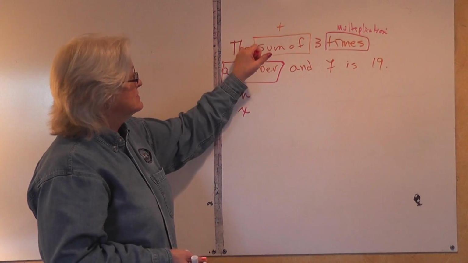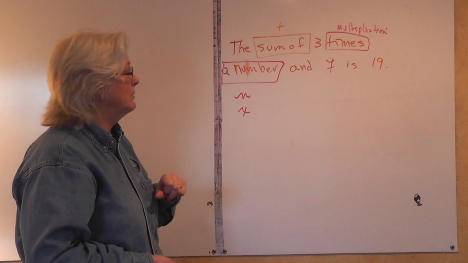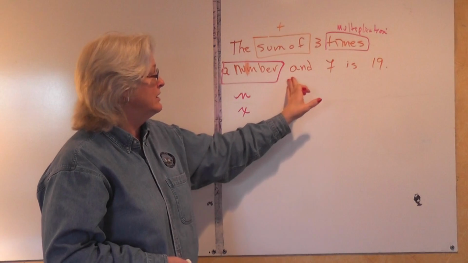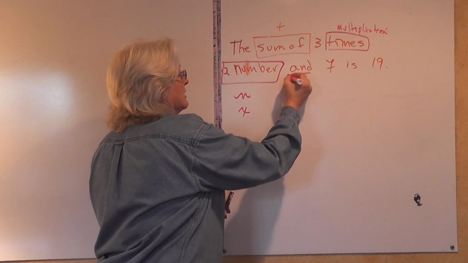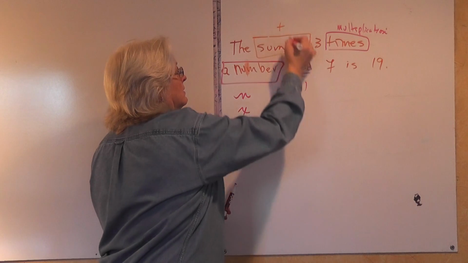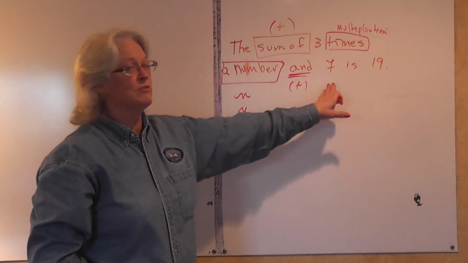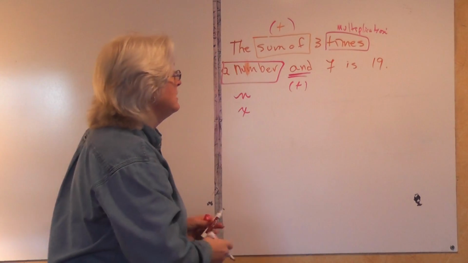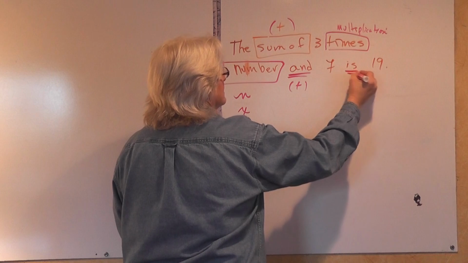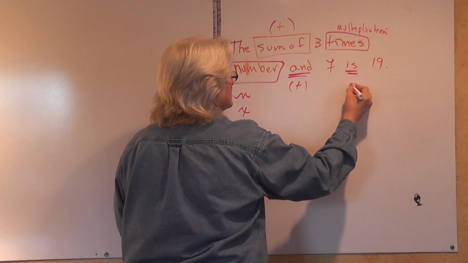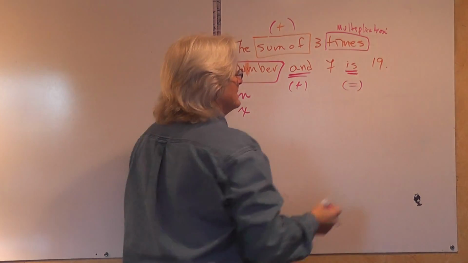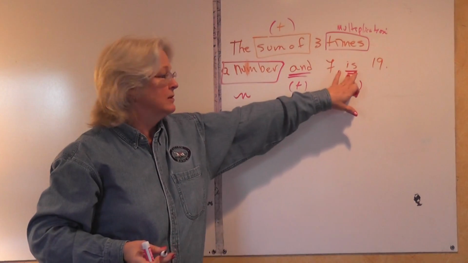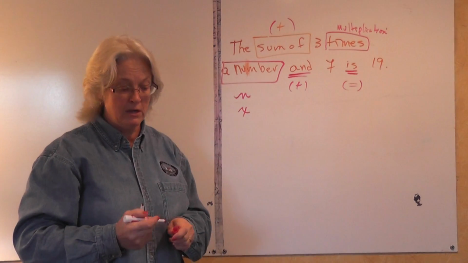What do we have now? We have the sum of, so we know we're going to have an addition problem, 3 times a number, and 7 is 19. Now, always and forever, when you see the word is in a mathematical situation, you can always know immediately that it's going to translate directly into an equal sign.